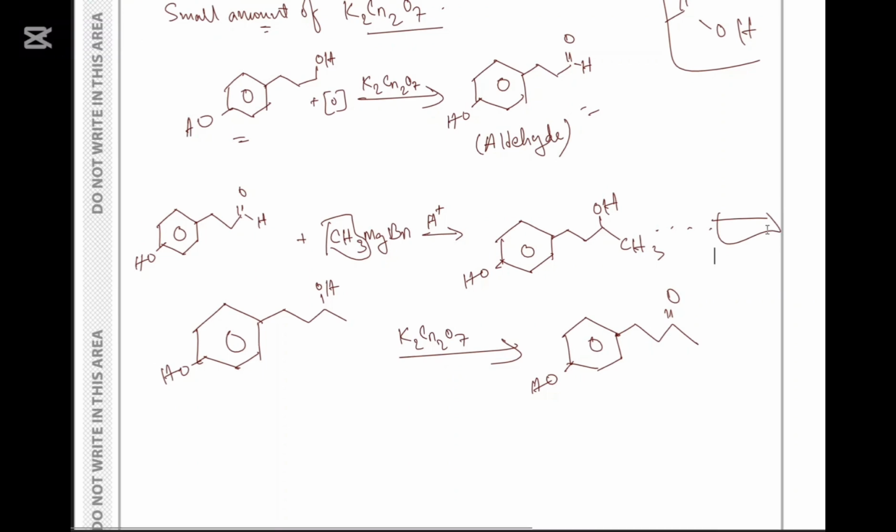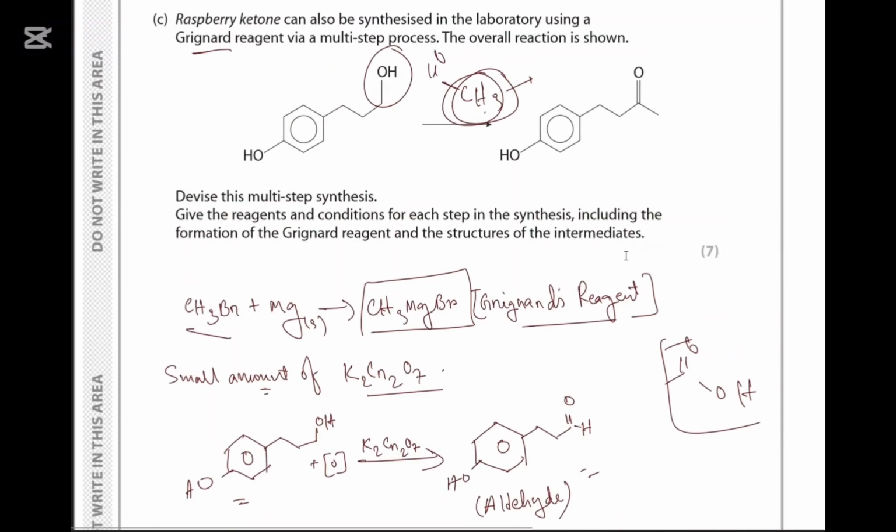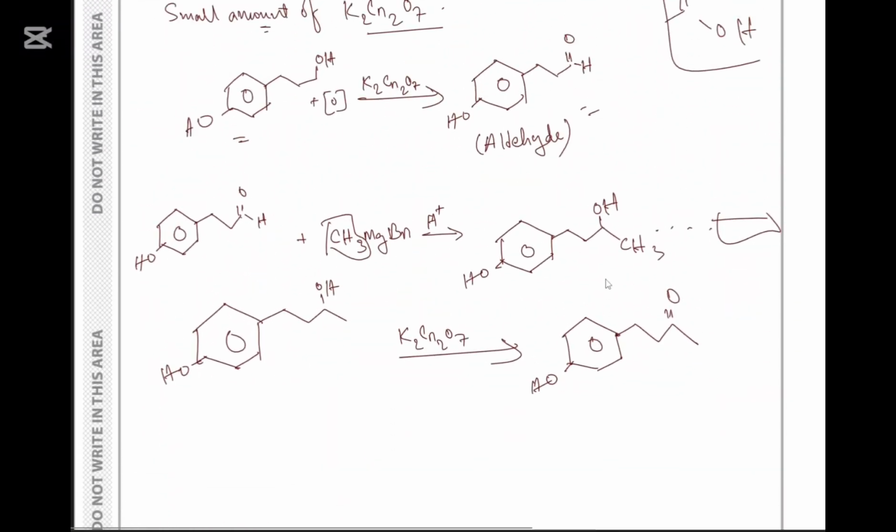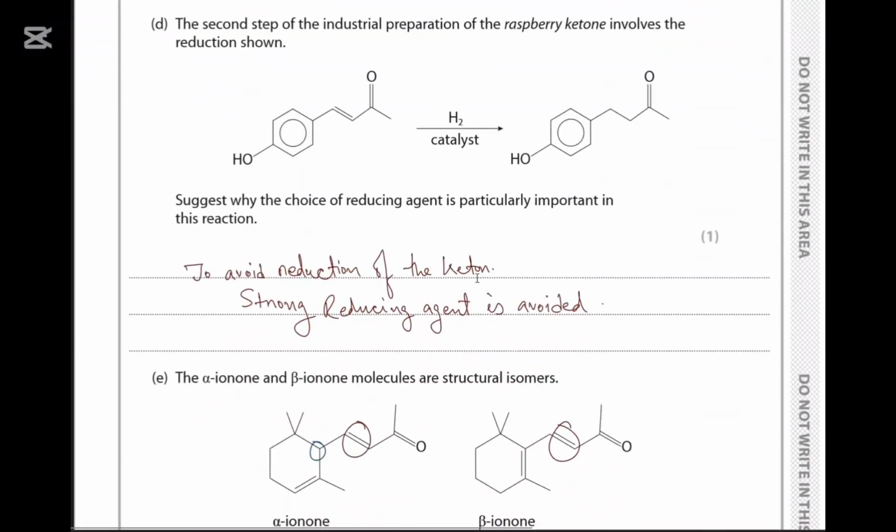So we have this, but we can't have this alcohol. We need a ketone. For that, we can use an oxidizing agent like K2Cr2O7, or any other powerful oxidizing agent, and since it's a secondary alcohol, it will form a ketone. Here we have our required compound.